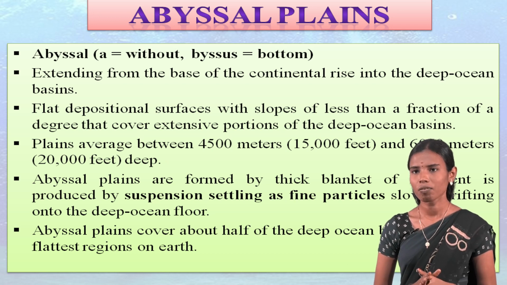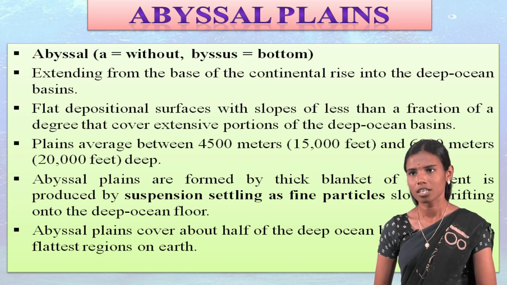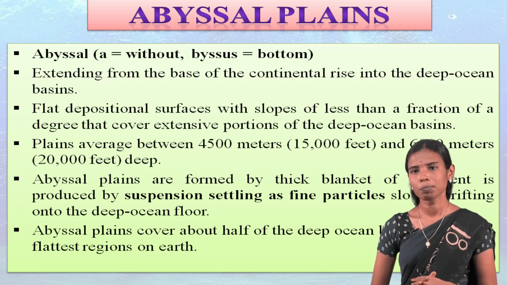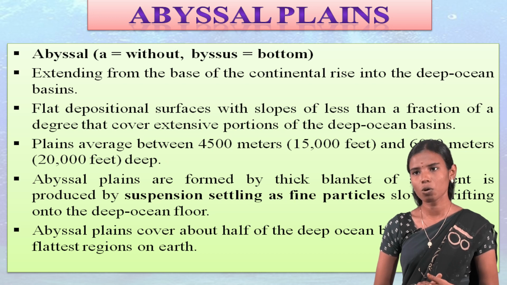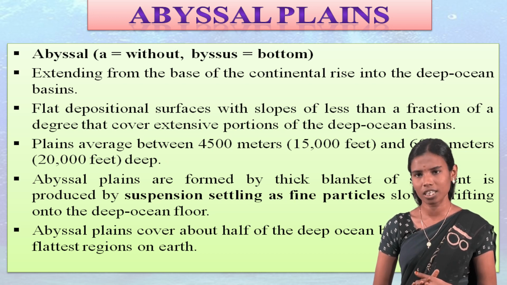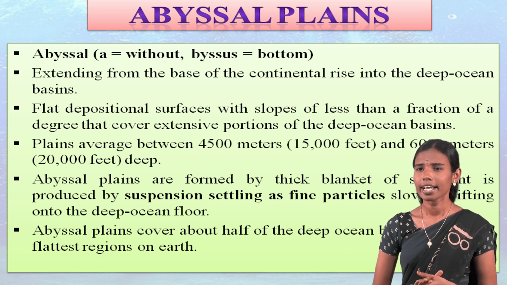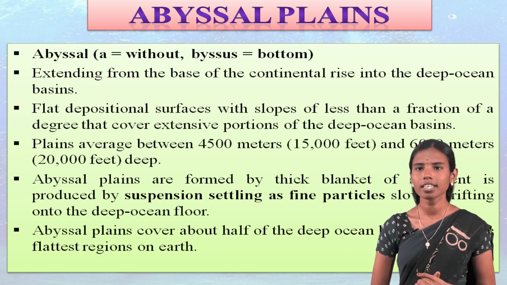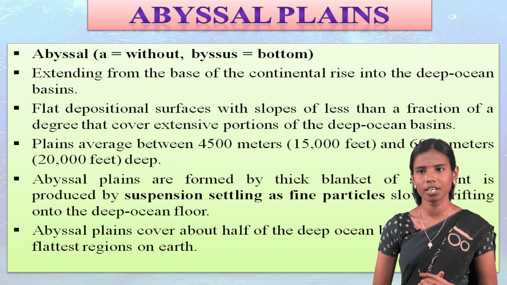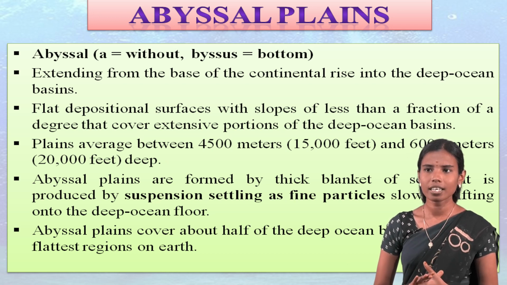It extends from the base of the continental rise into the deep ocean basin. It is a flat depositional surface with slopes of less than a fraction of a degree that covers extensive portions of the deep ocean basins, and the abyssal plains average between 4,500 and 6,000 meters depth.